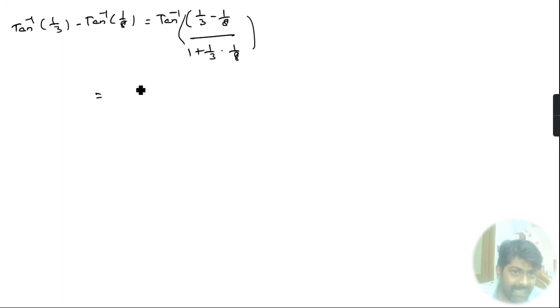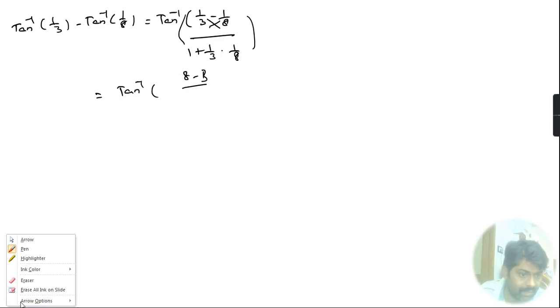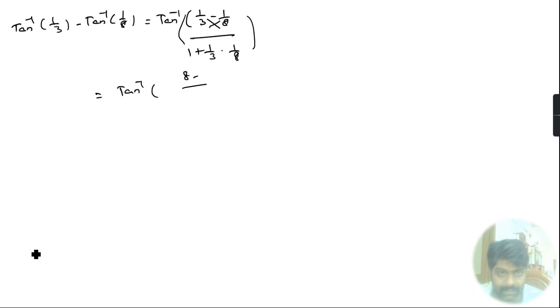We do the cross multiplication, that is tan inverse of 8 minus 3 by 8 into 3 divided by 1 plus 1 by 3 into 8.